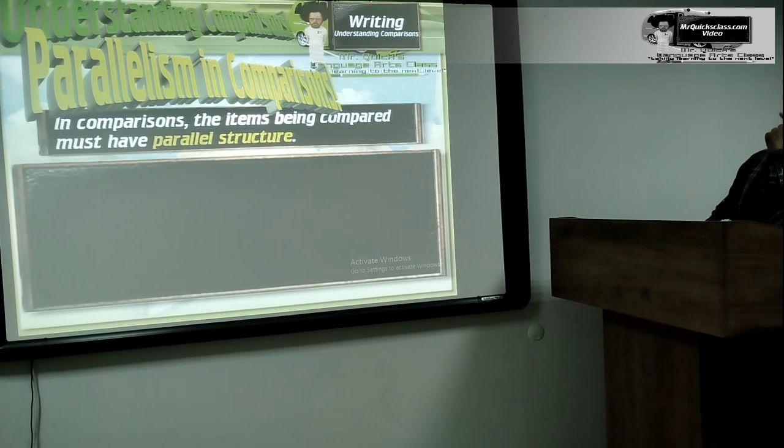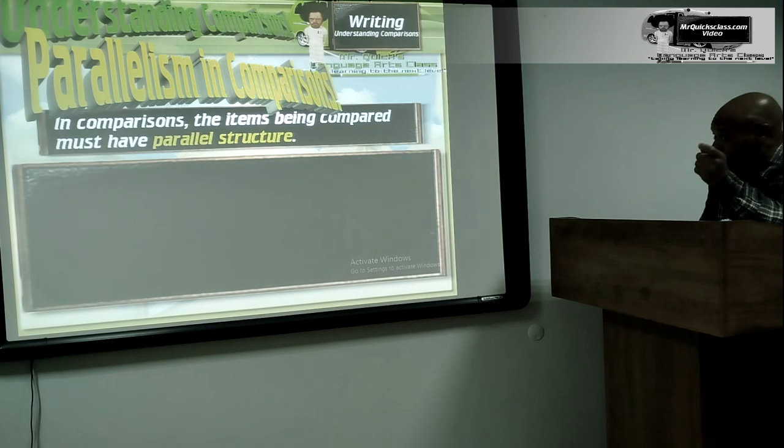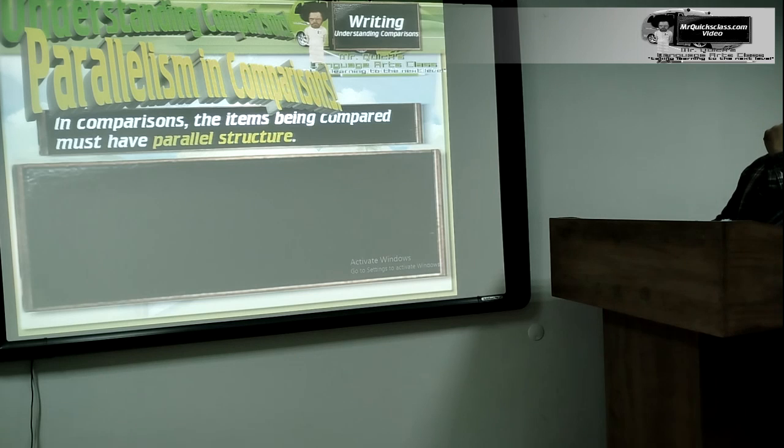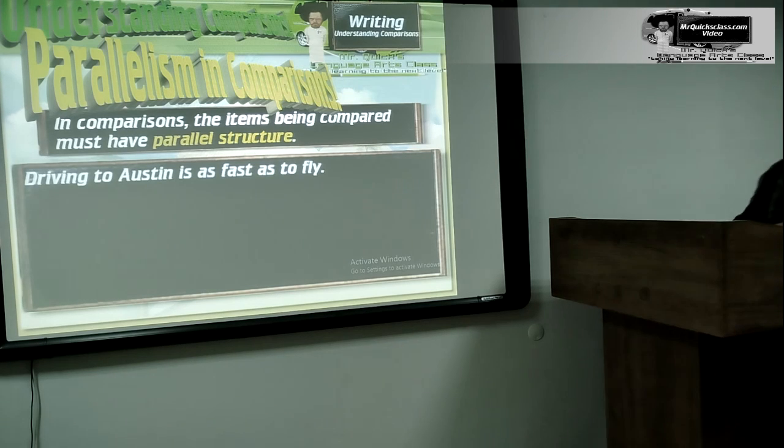In comparisons, obviously, all items in the sentence must grammatically be in proper parallel structure. We did go over parallelism, at least on the site. Okay, anyway, here we go.